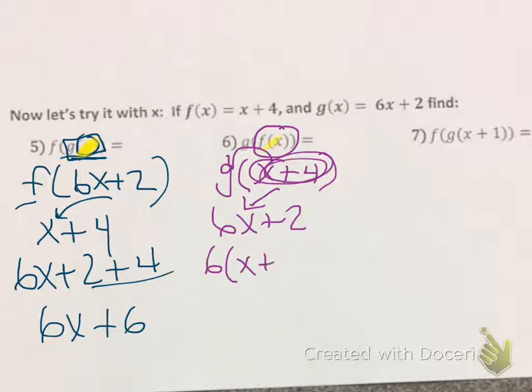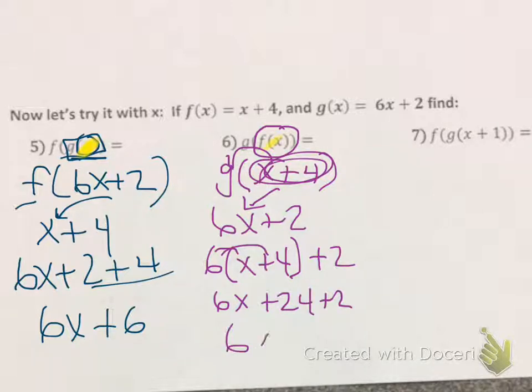So I'm going to have x plus 4 times 6 plus 2. I'm just going to distribute that through now and simplify. So I get 6x plus 24 plus 2. So 6x plus 26 for my solution. Again, I knew I was going to have x's in my solution because there was still an x in my parenthesis to substitute in.